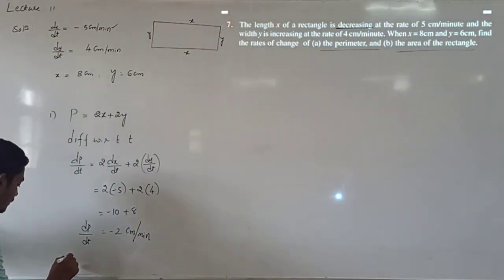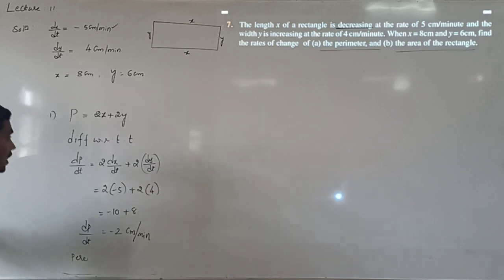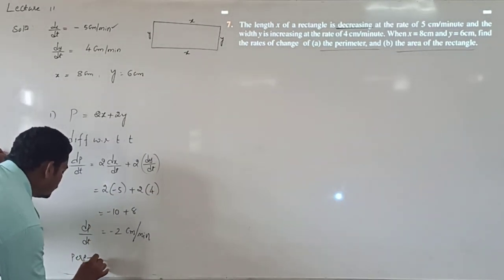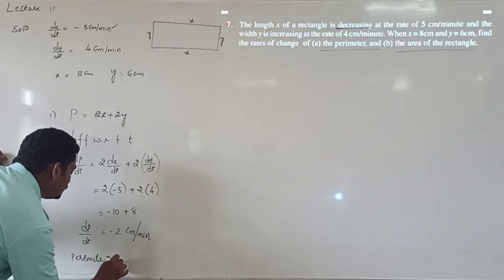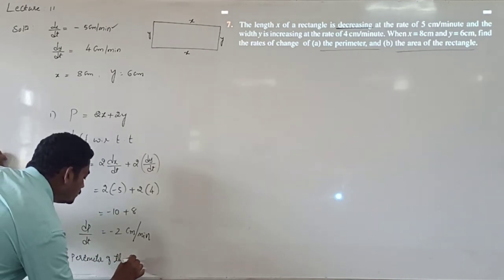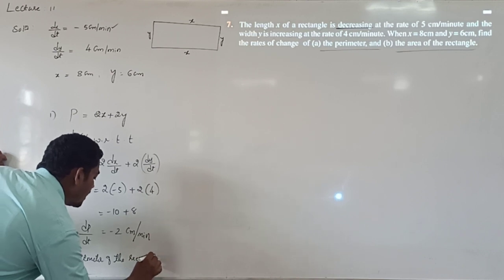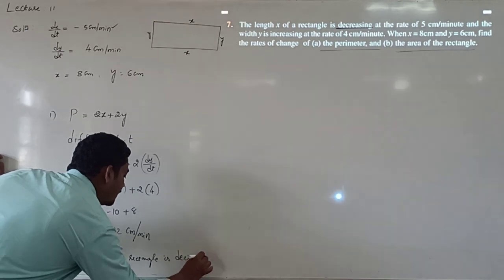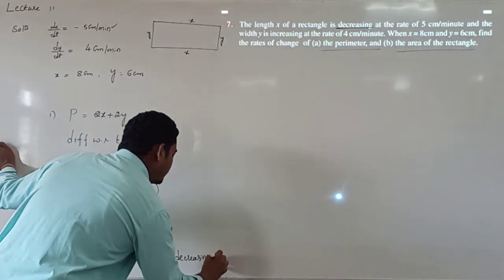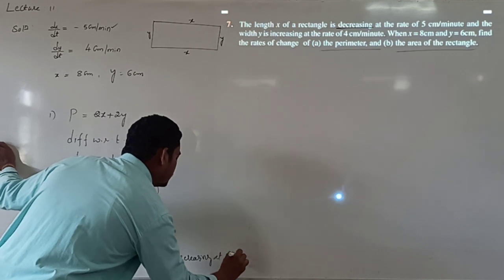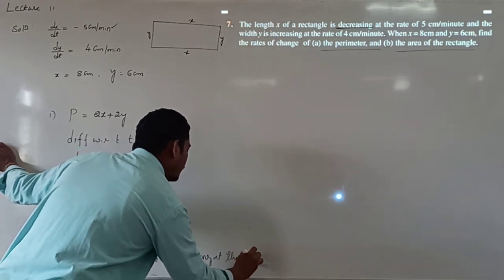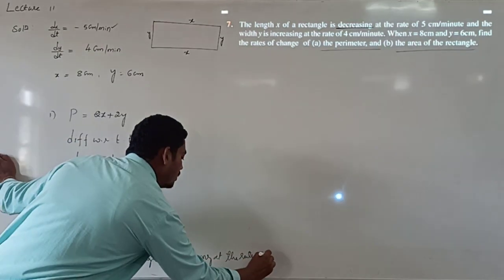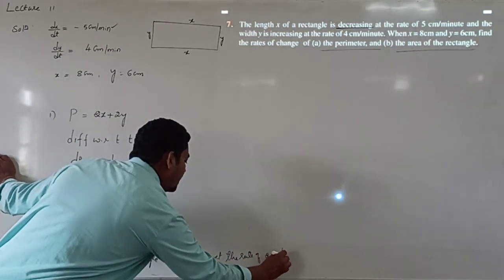Write the conclusion: perimeter of the rectangle is decreasing at the rate of 2 centimeter per minute.